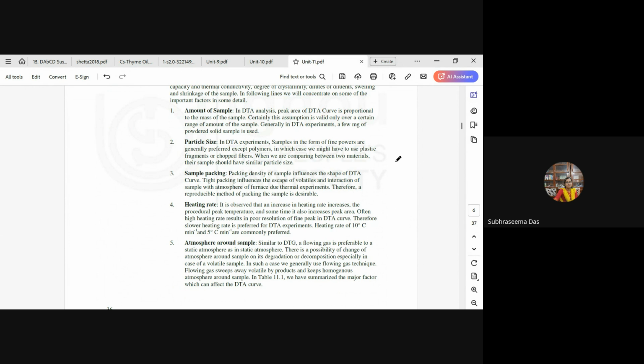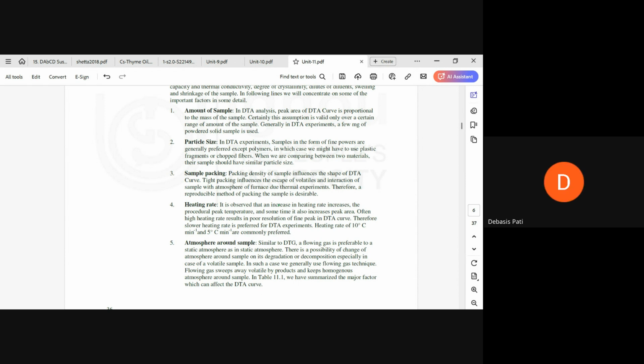So here in DTA experiment, Madam, is it different from TGA? This machine is different from TGA. You can calculate. There is a machine called STA, simultaneous thermogravimetric analyzer. That machine measures DSC, DTA, and your TGA.